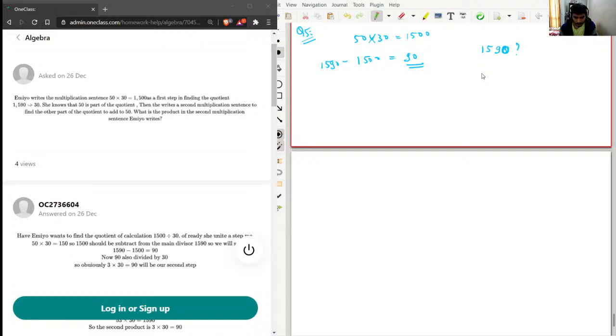Now in terms of 30, or let's just divide 90 with 30, we'll get 3. Okay, so 90 can be written as 30 into, just a minute.